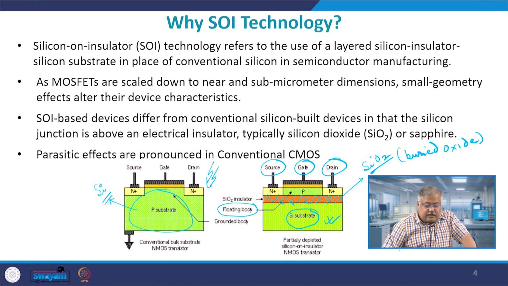And the transistors are built upon this thin upper silicon layer. Since you are putting a silicon dioxide at the back side of the device, this is what is known as a full dielectric isolation, also referred to as FDI.